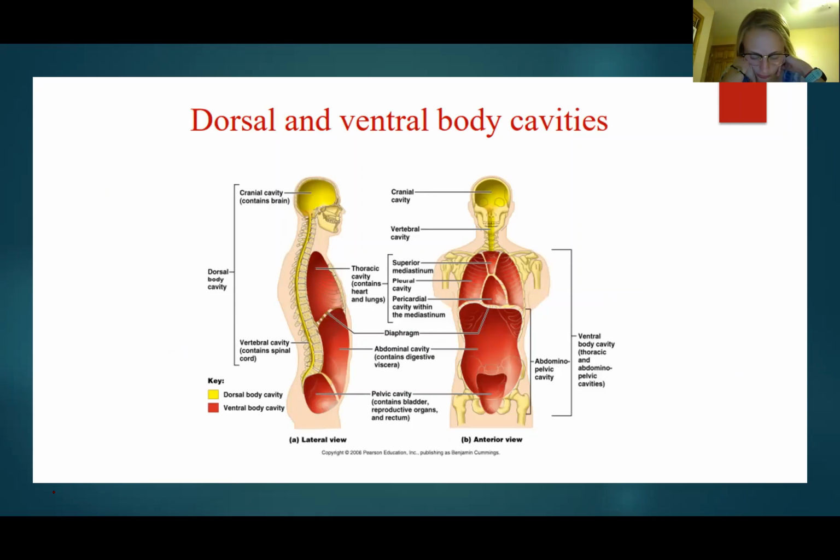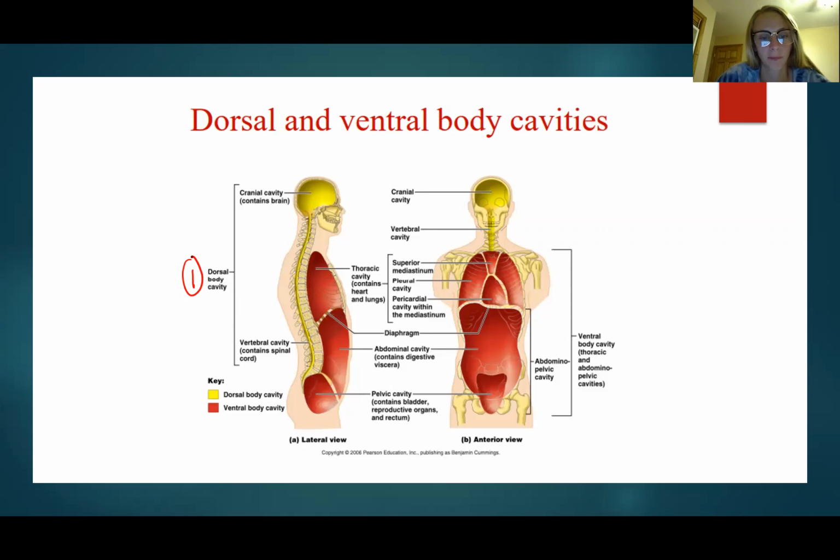And then there's also another body cavity type, which is the ventral body cavity. So ventral meaning front side, and it also has 2 divisions. So we have the dorsal. So here's kind of your first main body cavity, and it has 2 subcategories.